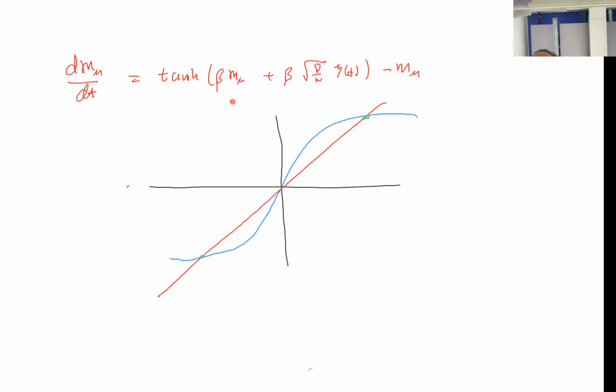So now we've considered a very abstract model. What we want to do now is go back and make contact with a randomly connected network, because we have no random connectivity here at all.